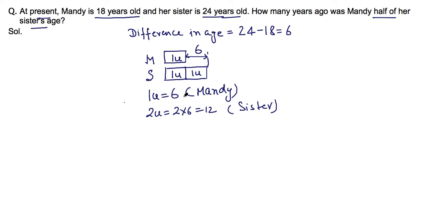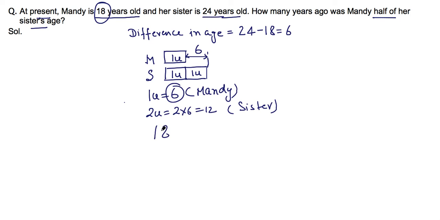So you can see that Mandy is half of her sister's age, but this is not the question. The question is how many years ago was Mandy half of her sister's age? Right now she is 18 years old, and when she was half of her sister's age she was 6 years old. So that was how many years before?